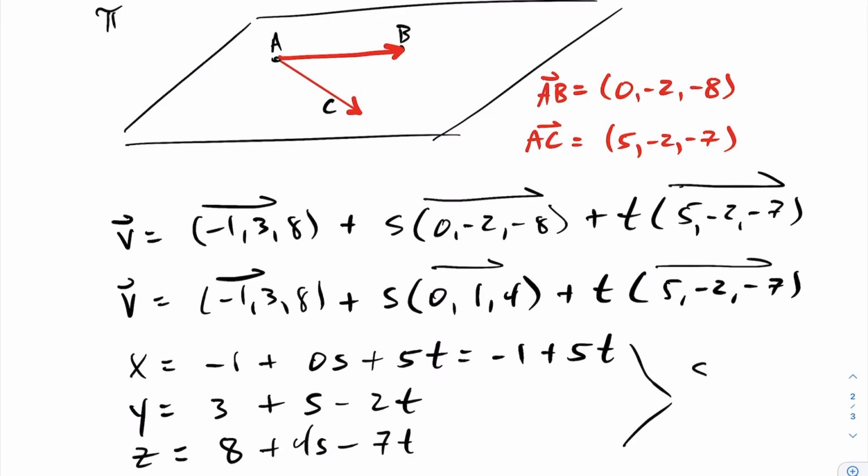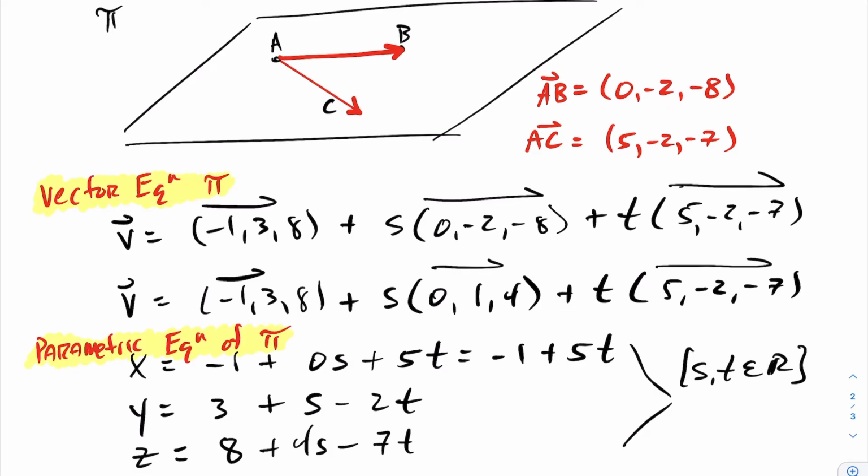And again here, s and t are any real number. So notice here we have our vector equation of our plane and our parametric equation of our plane. Also notice that this equation is not unique. I could derive another equation for this plane had I chosen different direction vectors. I could have chosen the direction vectors BC and AB, and I could have chosen a different point, let's say B or C. No matter what you choose, these equations of the plane will be equivalent.